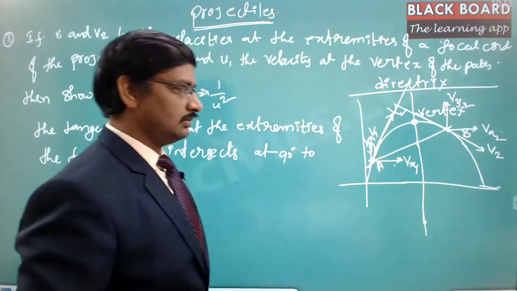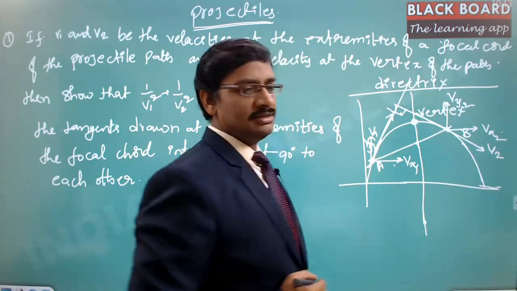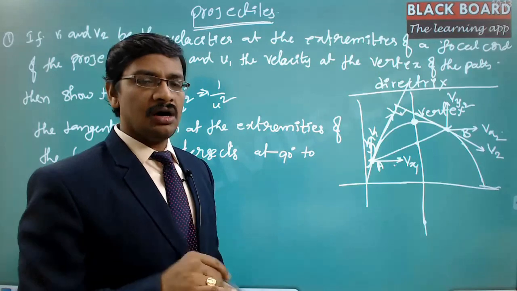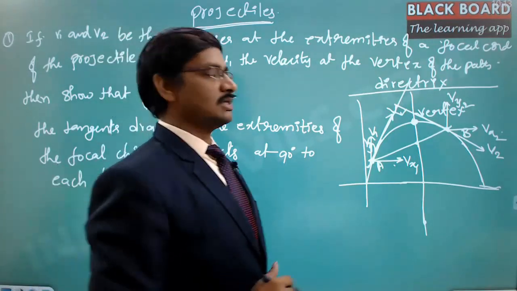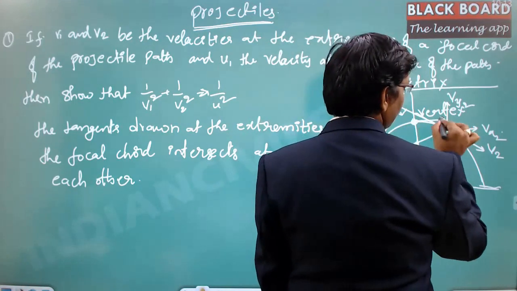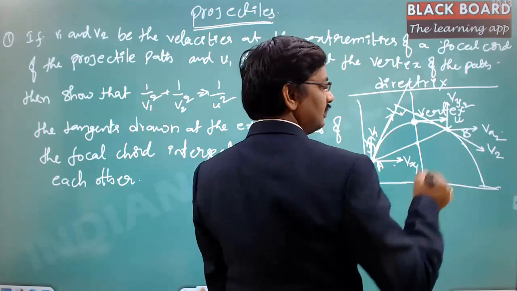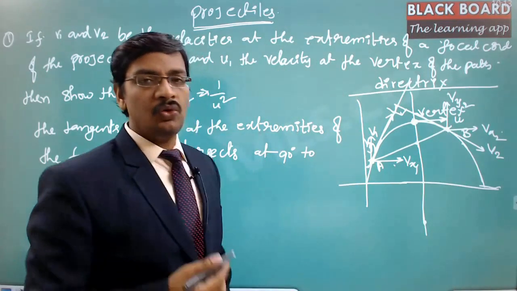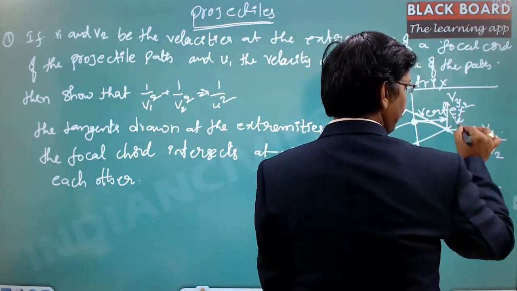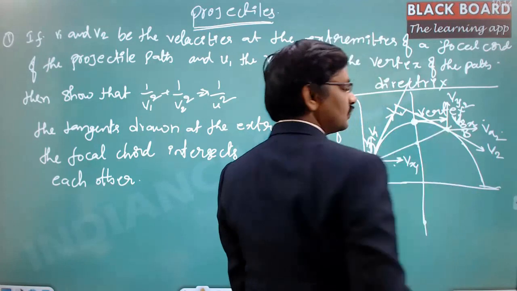And the velocity at the vertex, the highest point of the projectile, will have only the horizontal component of the velocity, because there is no further movement in the vertical direction. So there is only one velocity, which I call u. Because this velocity contains only the horizontal component, I call this V3x, and V3y is going to be 0.